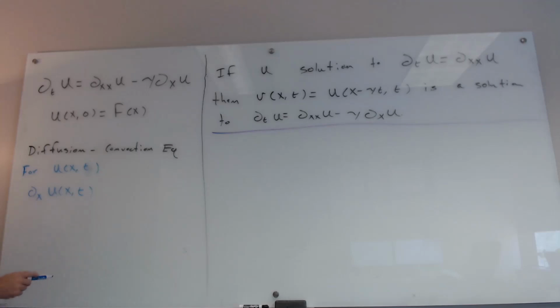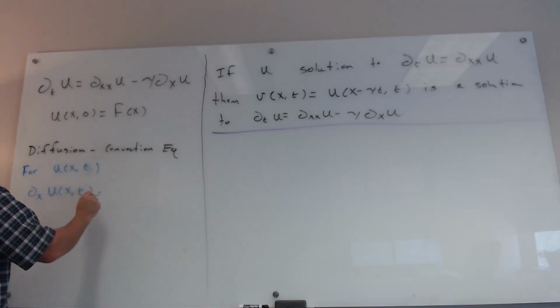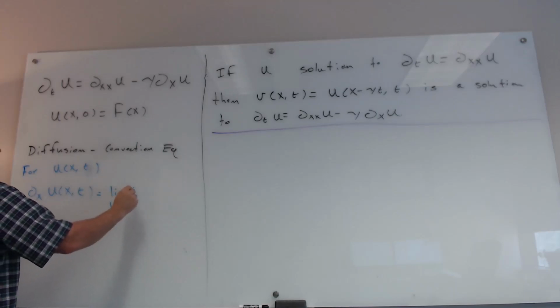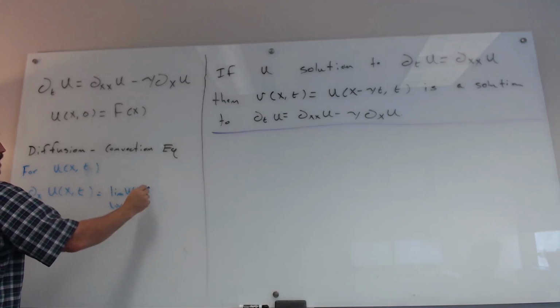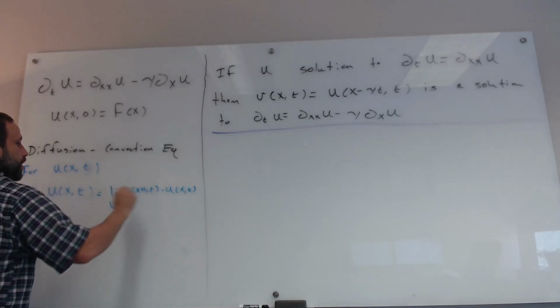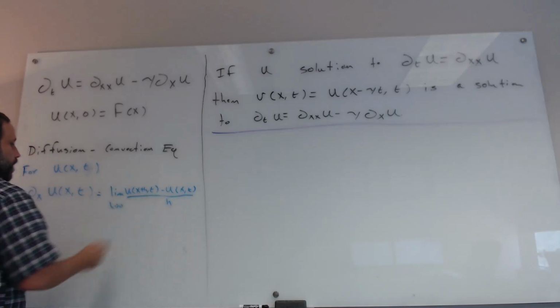By definition, this is the limit as h goes to 0 of U of x plus h, comma t, minus U of x, t, over h.